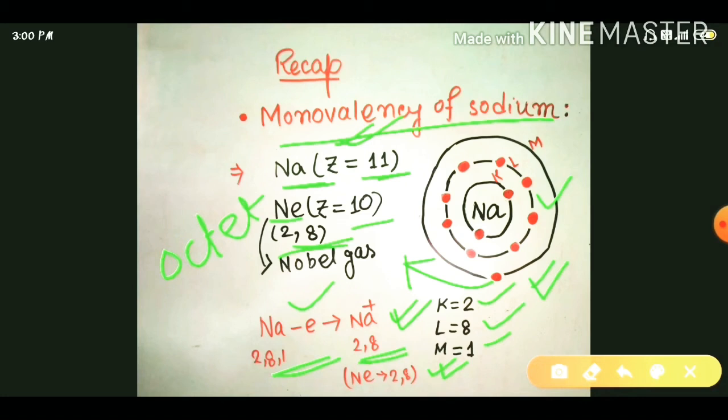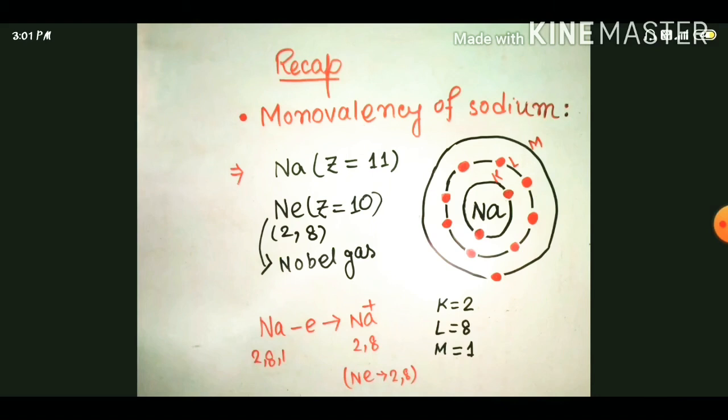Everyone wants to be more stable, right? So after losing the outermost electron, it becomes Na+, and that is its valency, right? So sodium is monovalent.